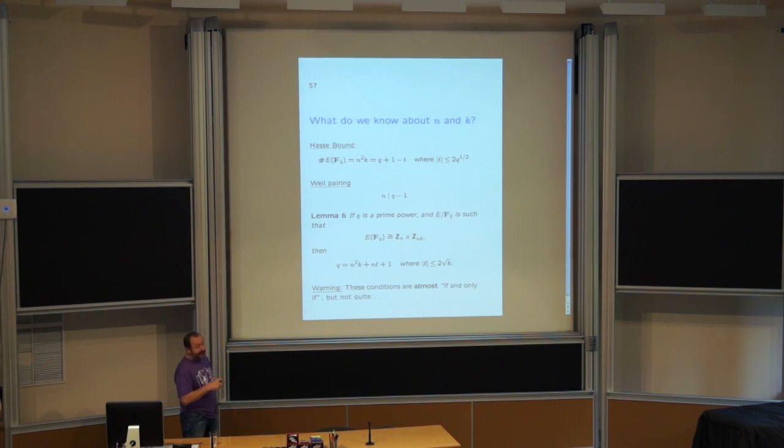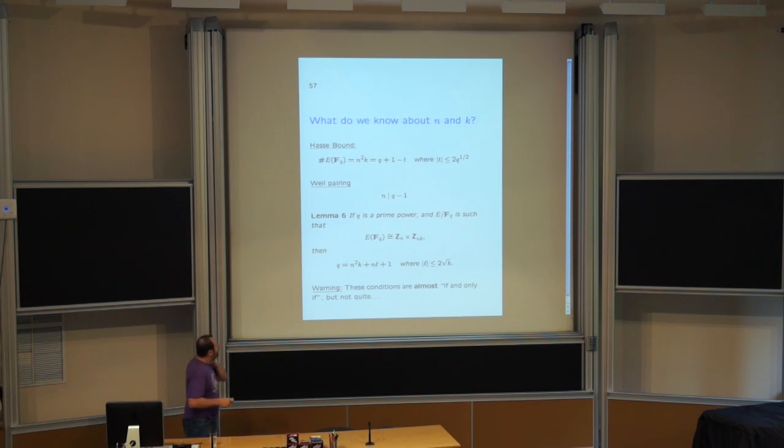So Q should be represented as N squared K plus 1, and this is, of course, the main part. It's the cardinality. And the trace is of this form now, N times L. And L should run up to 2 times the square root of K. So it's very easy to reshape these conditions into this form.